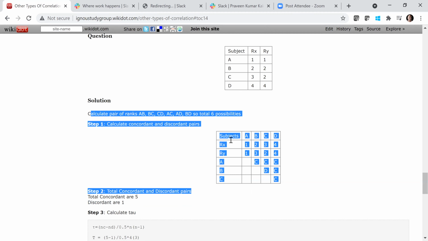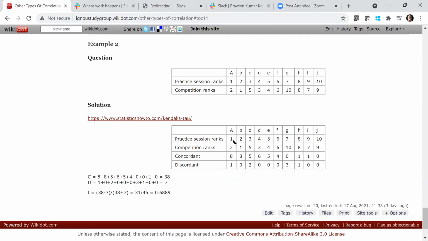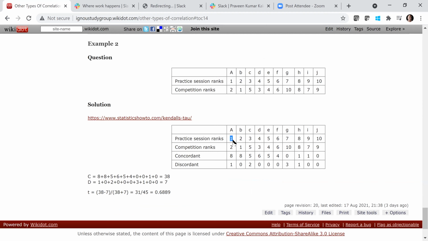I take A first. Once I take A, what is the rank in competition here? 2, right? The rest of the ranks in practice session are in ascending order, so there is nothing to be checked in practice session. My concentration for checking the concordance is only on the competition ranks.